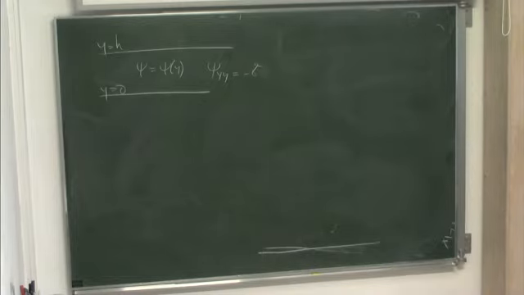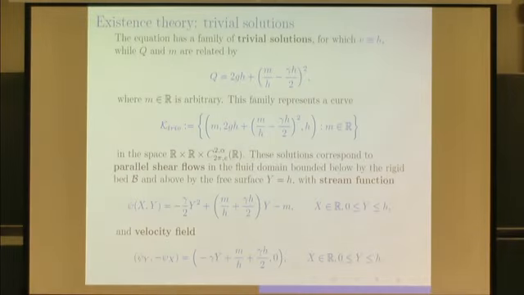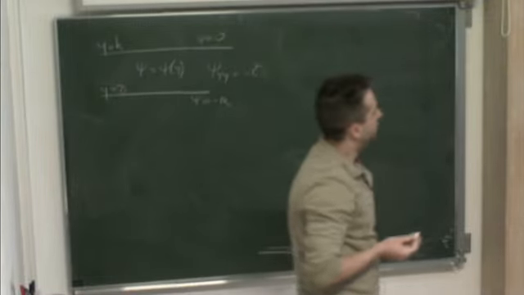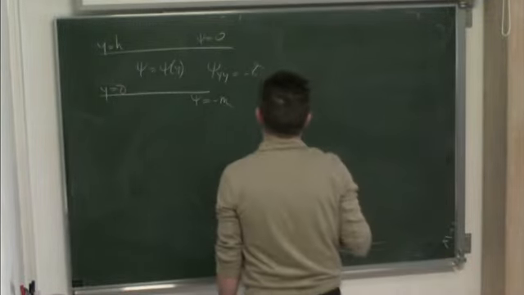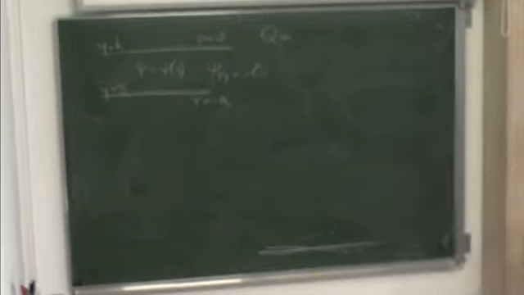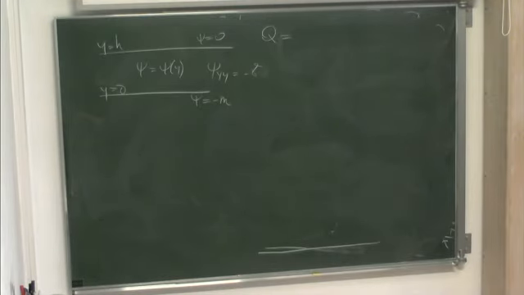And so if we solve this and impose all these boundary conditions, psi equals 0, psi equals minus m, this problem can be solved uniquely and leads to a quadratic function, and the corresponding q in the Bernoulli problem has this expression.